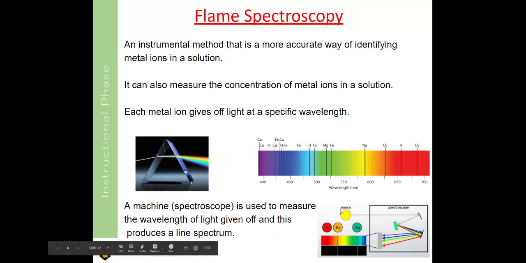So we have the light being emitted, the source, the sample giving out its colour. It goes into a spectroscope, and then it produces a line spectrum. And then we can compare it with known line spectrums to identify what metal ions are within our sample.